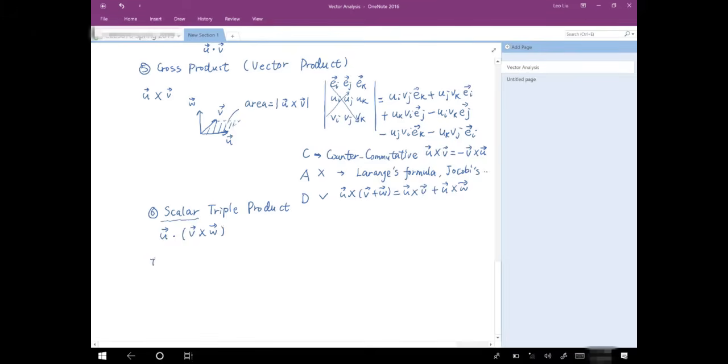Another one is called a vector triple product. And this one is defined as U cross the cross product of V and W. And we know that the cross product of two vectors will be another vector.